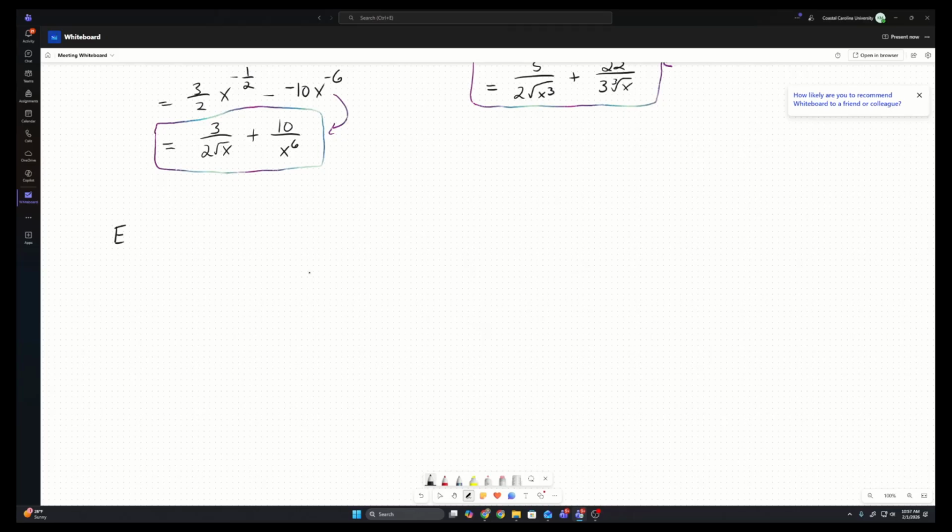Okay, so for example 2, we need to find g prime of 1.